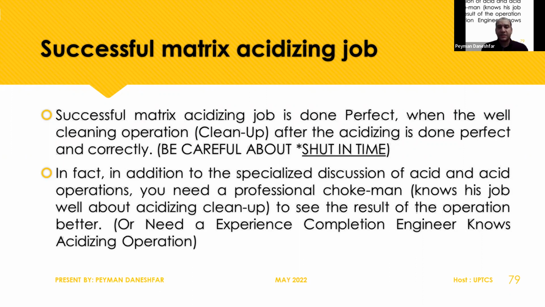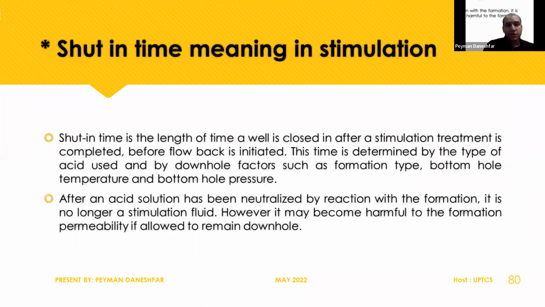After you do your acid jobs well, the result is that the production rate increases. It needs a professional choke man or a completion engineer who knows the acidizing job procedure. And the shut-in time means what I told you before.